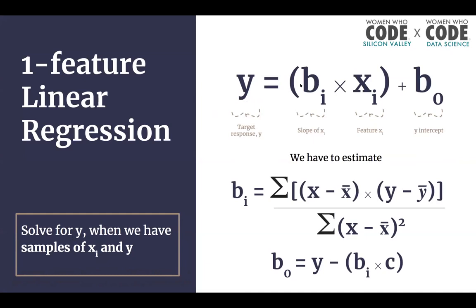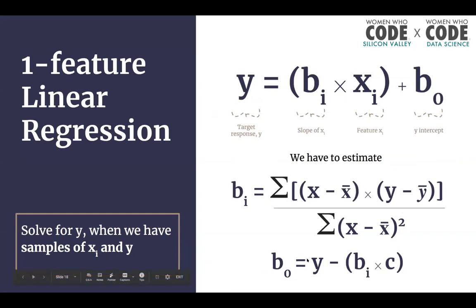In this case, this was the formula we saw in the previous slide. And then plugging in the formula for slope and the formula for intercept, we're getting bi is equal to the differential of y with respect to the differential of x. So you get the slope of xi based on that.